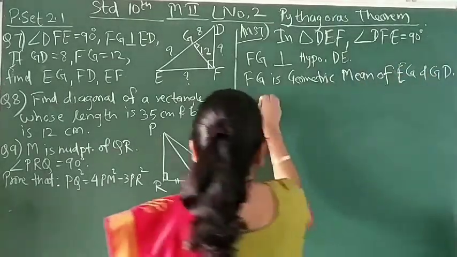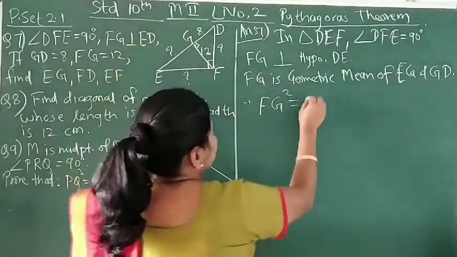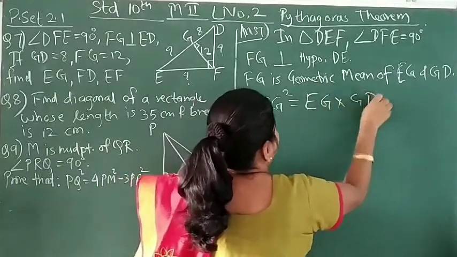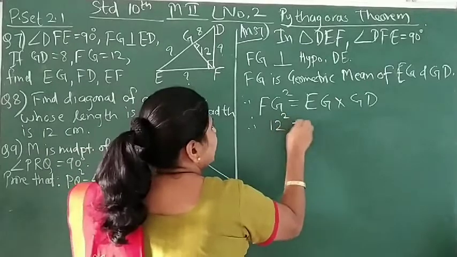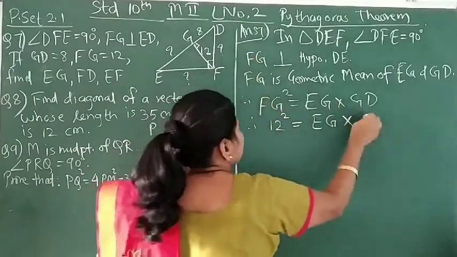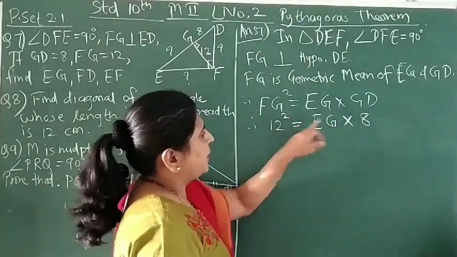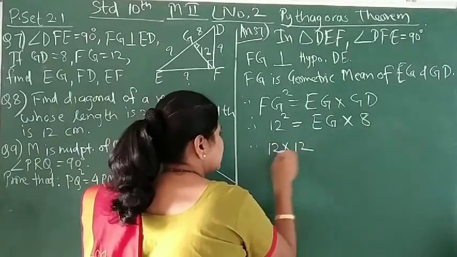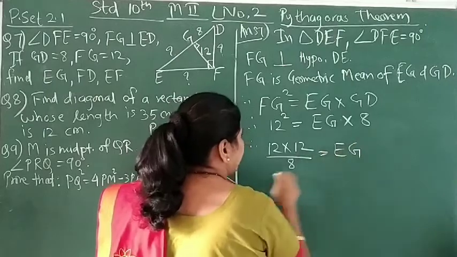Therefore, FG square is going to be equal to the product of EG and GD. Okay. Now FG is given to us, it is 12. Therefore, 12 square. We do not know EG, and GD is given to us as 8. To find EG, we have to divide this 12 square by 8. Okay. So you can write this 12 square like this, and dividing by 8, you can get EG.